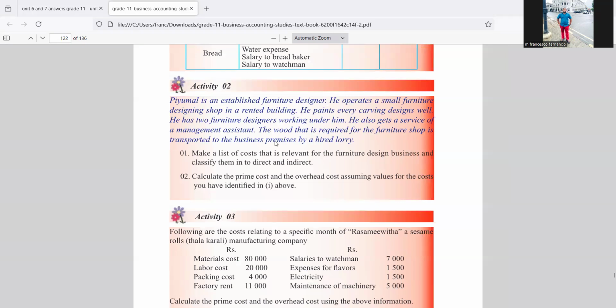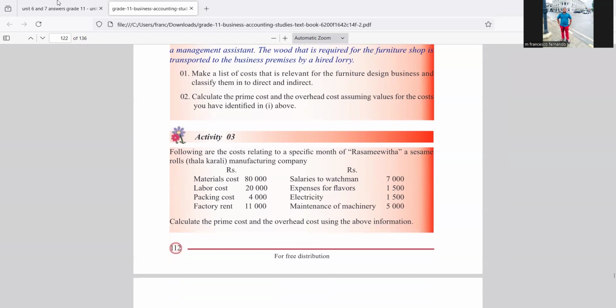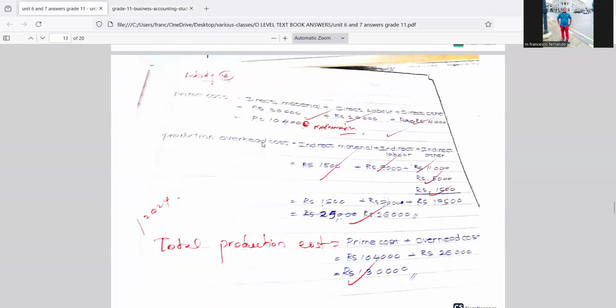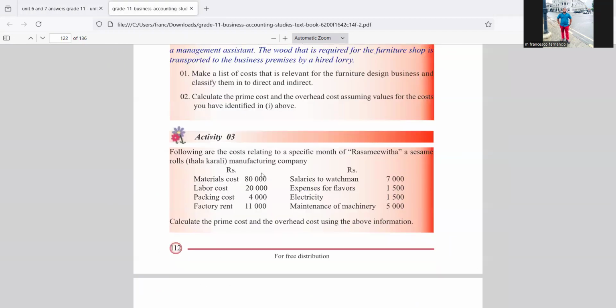But for the indirect cost, you can mention polish and machine depreciation, water bill, electricity bill, rent expense, right? So those things can be mentioned. And in question 2, you have to write some values and find the prime cost. Then when it comes to activity 3, you are required to calculate the prime cost and the production overhead cost.